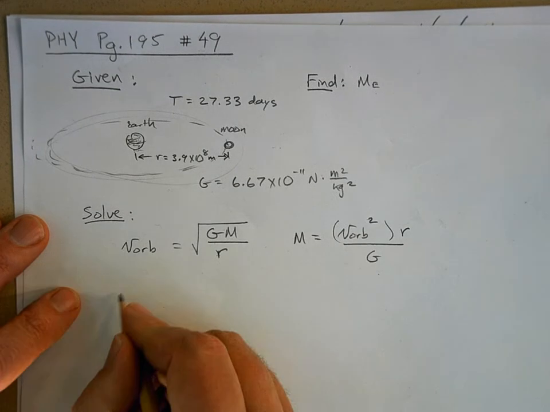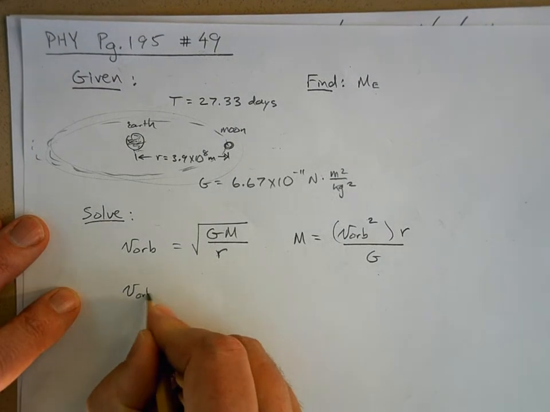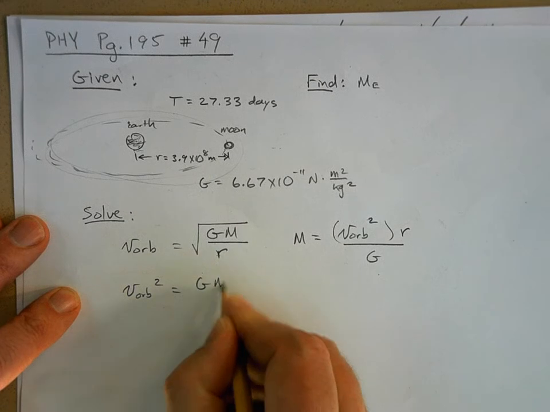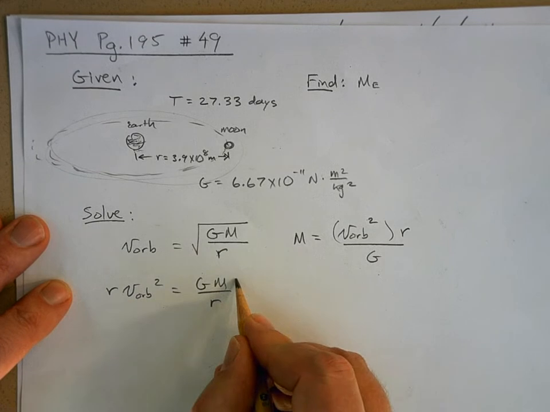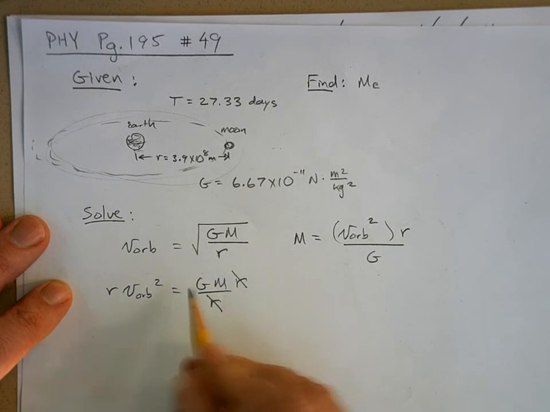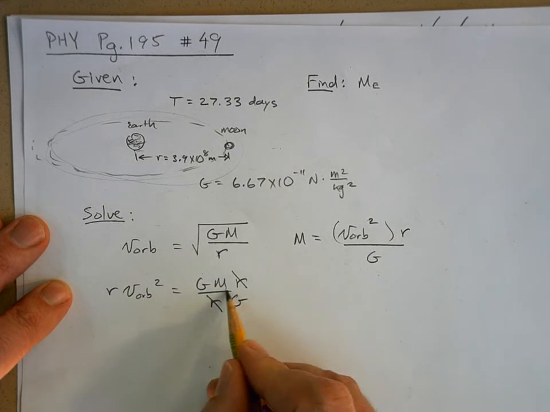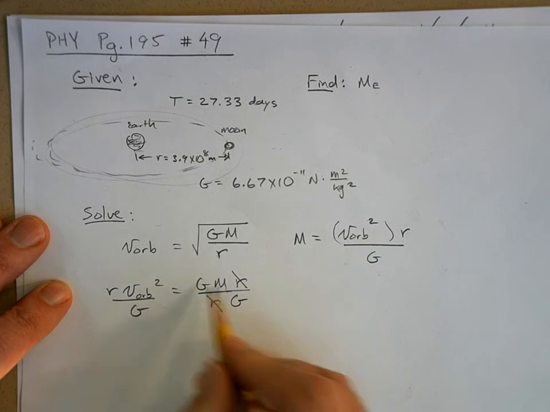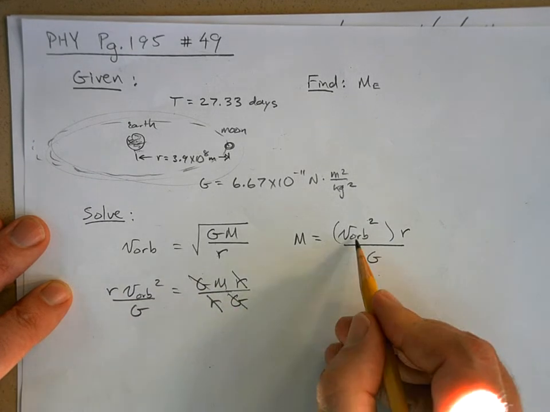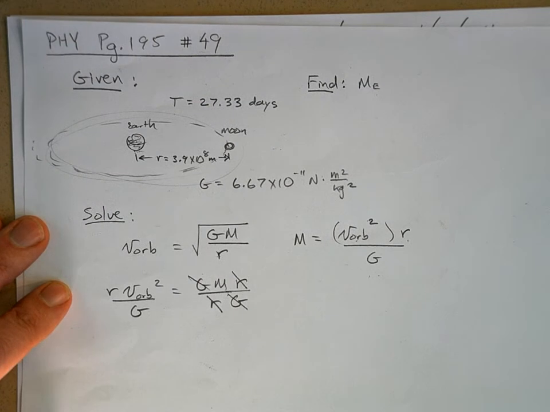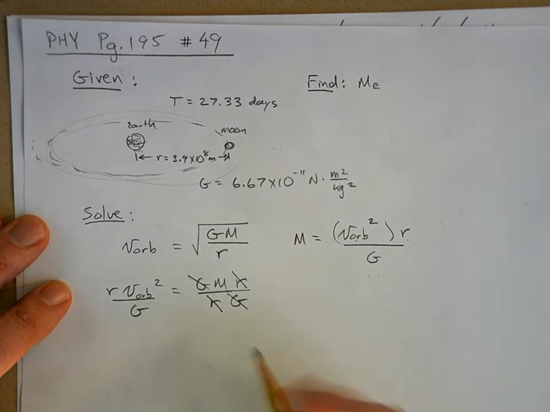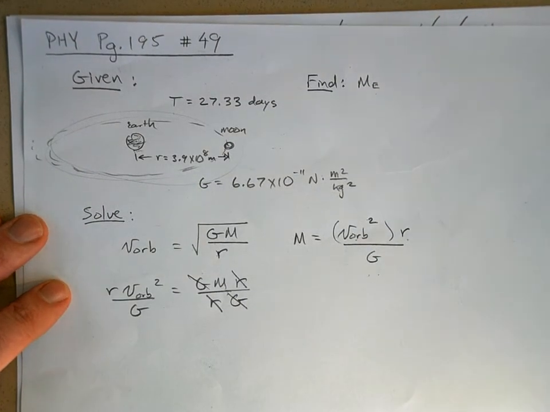Square both sides. Multiply both sides by r. Divide both sides by g. Mass of the Earth equals the orbital velocity squared times r over g. Now, do you believe me? Okay. All right.